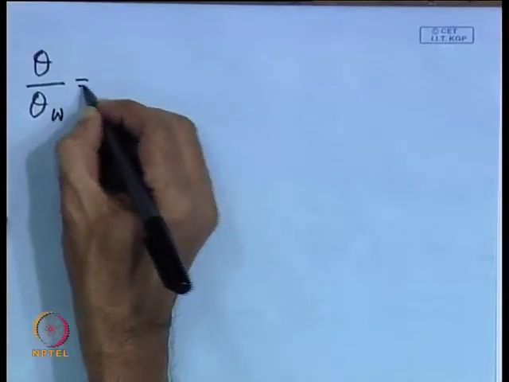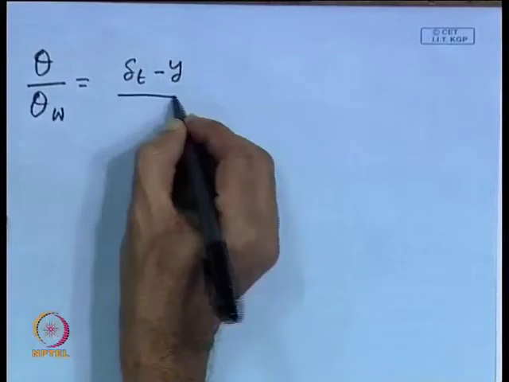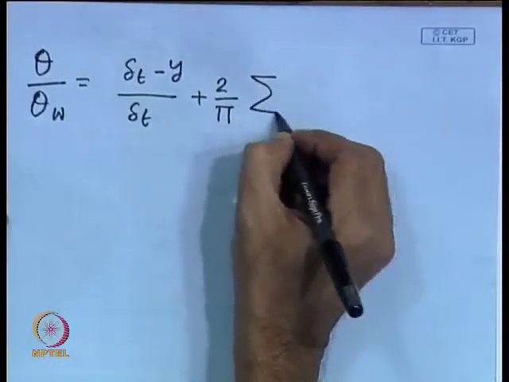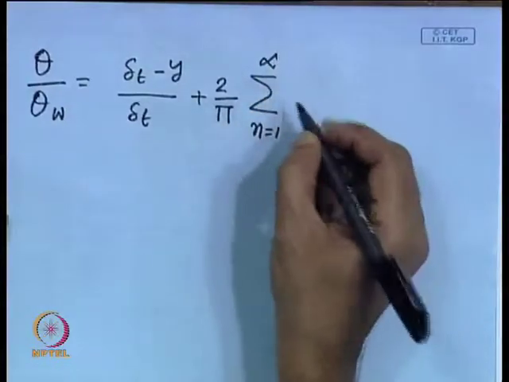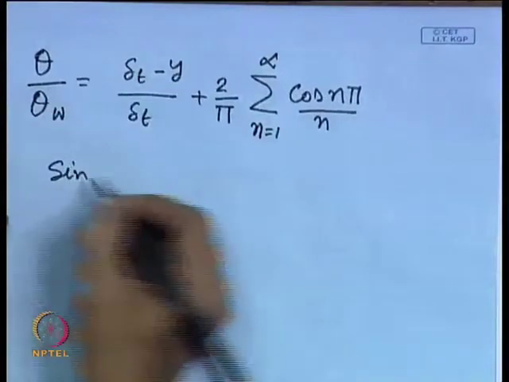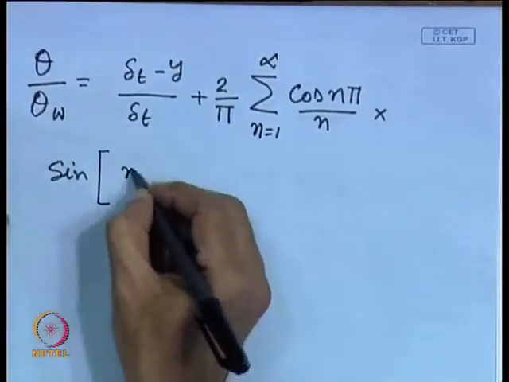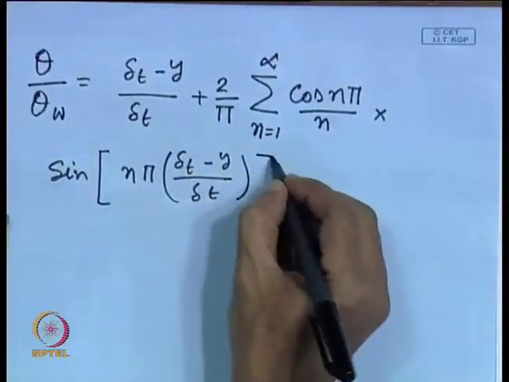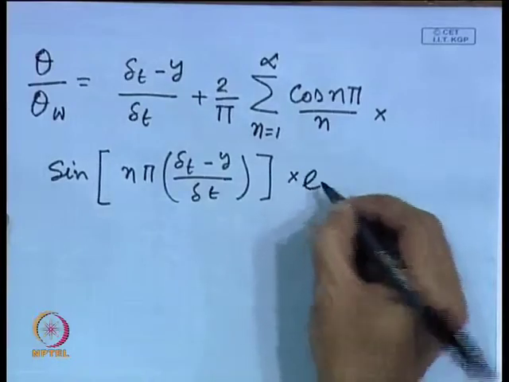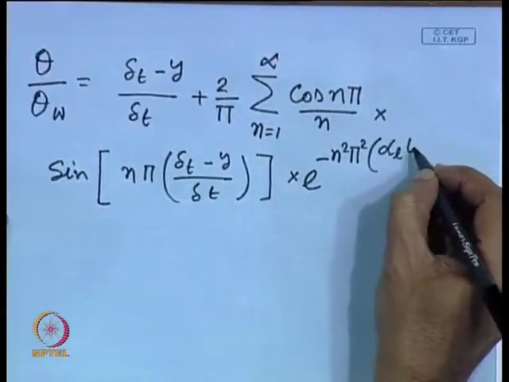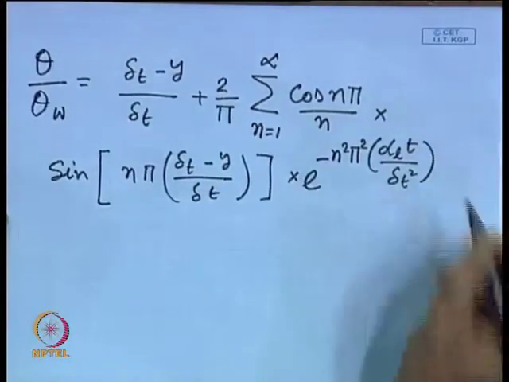If we see any standard reference, it will be theta by theta w is equal to (delta t minus y) by delta t plus 2 by pi summation n is equal to 1 to infinity of 1 by n times sine of n pi (delta t minus y) by delta t times e to the power minus n square pi square alpha L t by delta t square. So, this will be the equation.